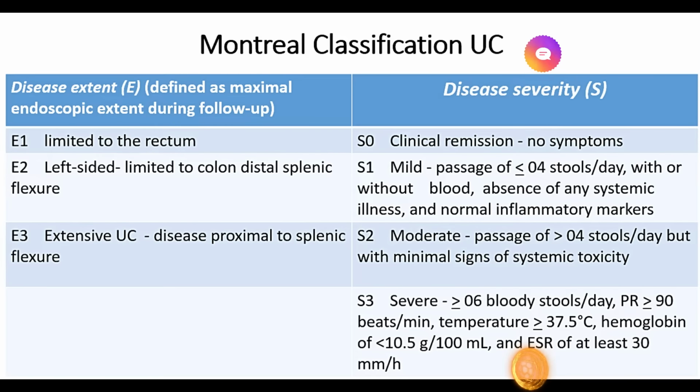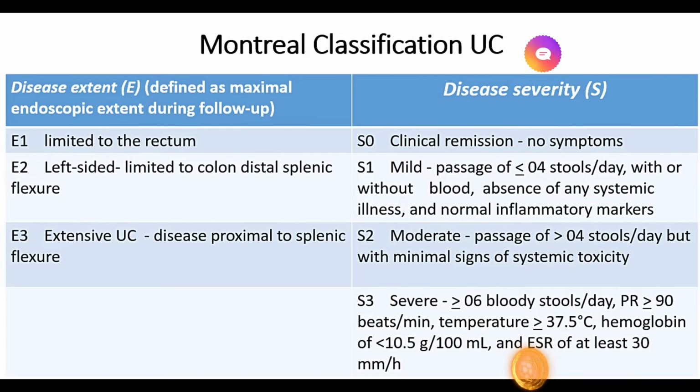The disease severity is S0 to S3. S0 is clinical remission, that is no symptoms, and clinical remission, as I have already said, is defined as fewer than 3 stools per day and no blood. S1 is mild, that is passage of 4 or fewer stools per day with or without blood, absence of any systemic illness and normal inflammatory markers.